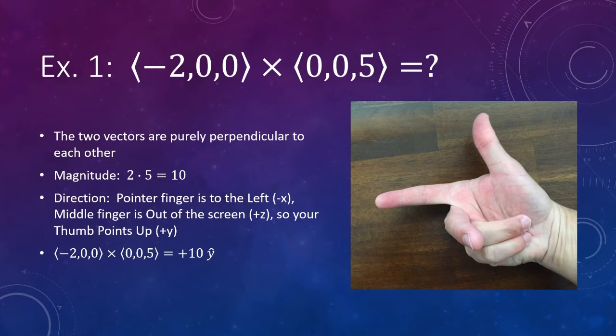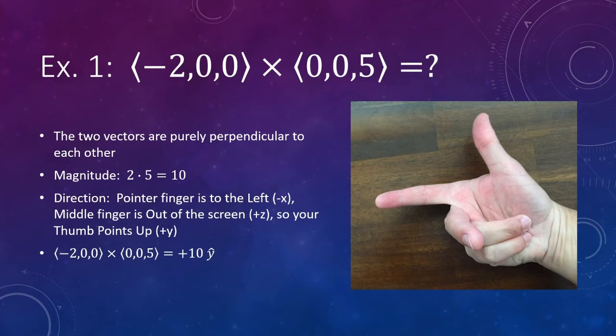Our second vector is plus 5 in the z direction. Since the first one's only in x and the second one's only in z, they're perfectly perpendicular to each other, so we can get the magnitude just by multiplying those two components, 2 and 5. We'll account for the signs when we do our right-hand rule.